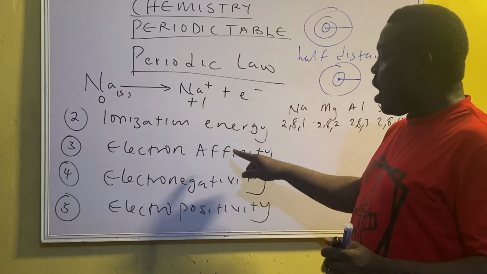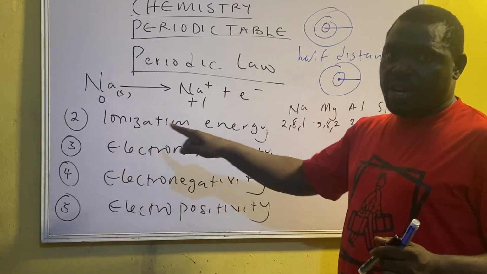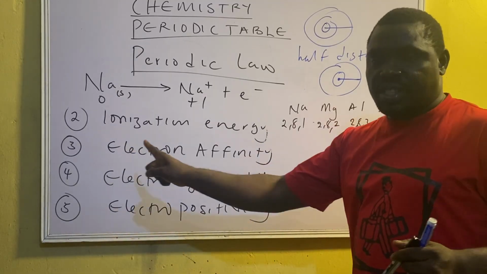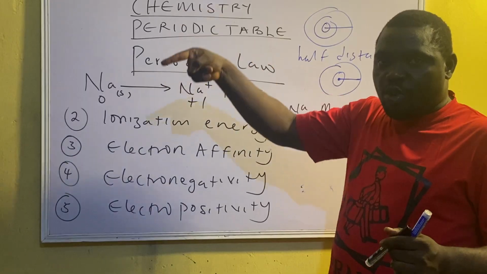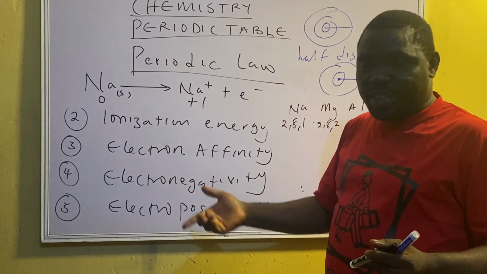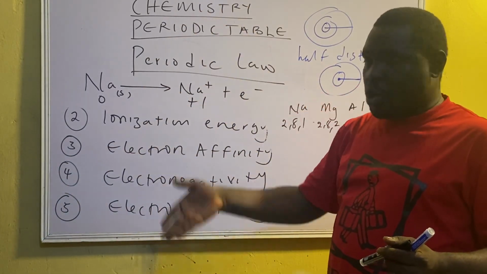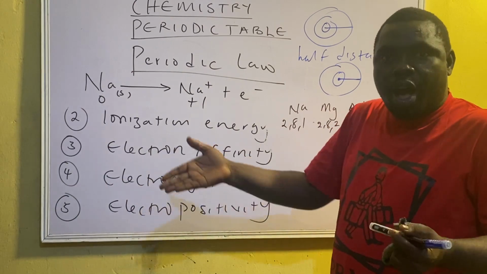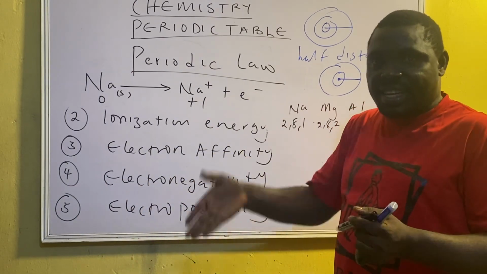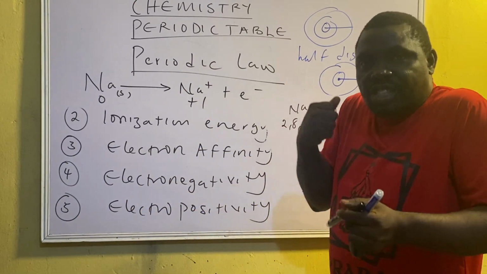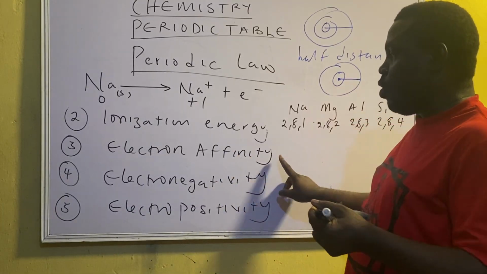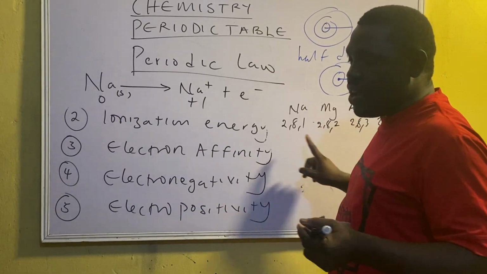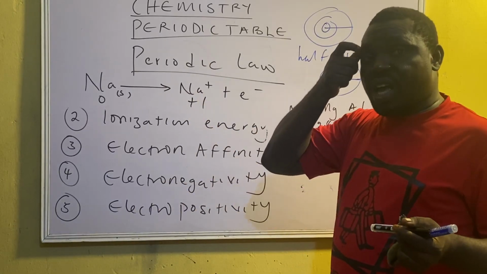This is why as you move across the period, electron affinity increases. But as you move down the group, what happens? It decreases, because the metallic character increases. So metals don't attract electrons to themselves. It is non-metals. So take note of this. It increases across the period, but decreases down the group.